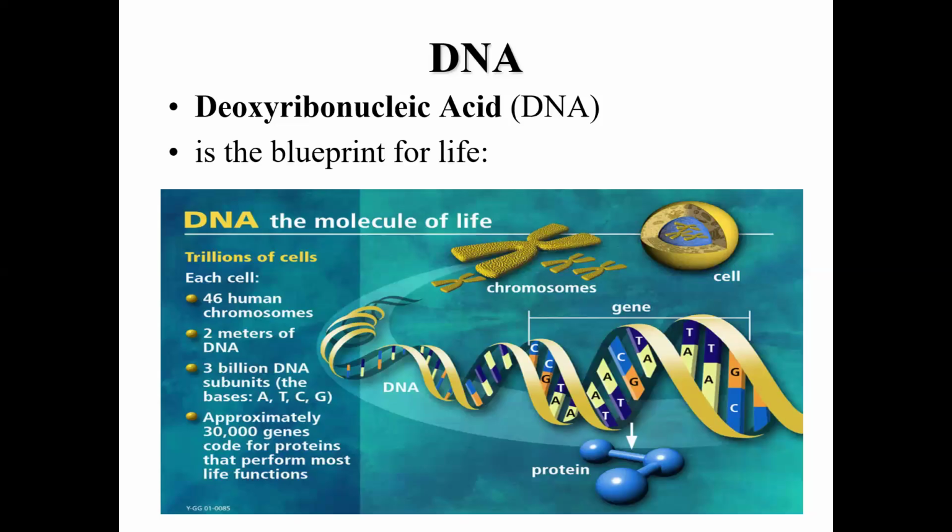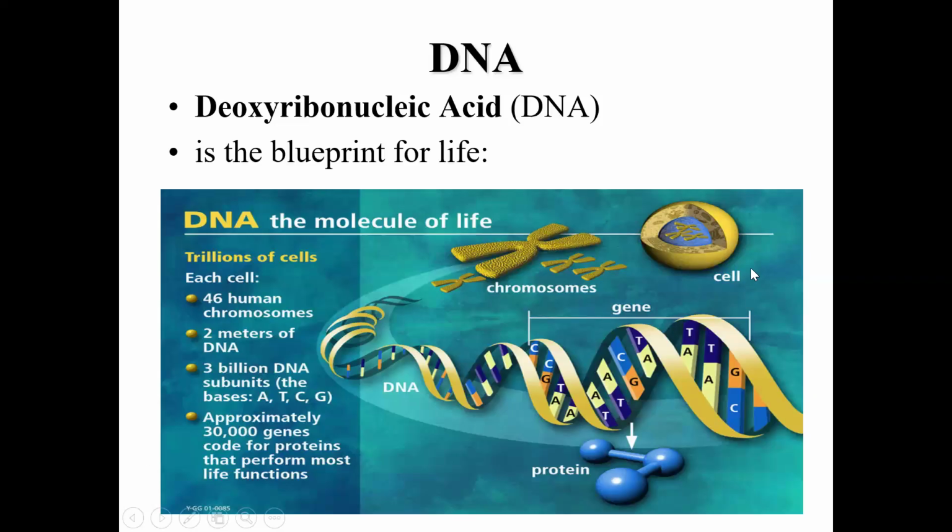And there are 3 billion DNA subunits, the bases A, T, C, G, and approximately 30,000 genes. These genes are the segments of the DNA that code for proteins, functional products that perform most of the life processes.